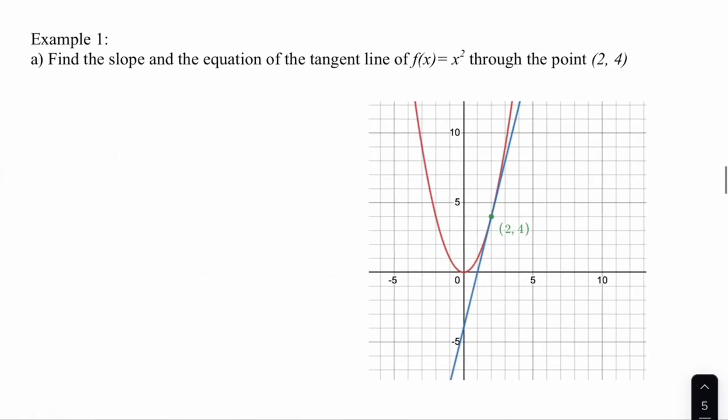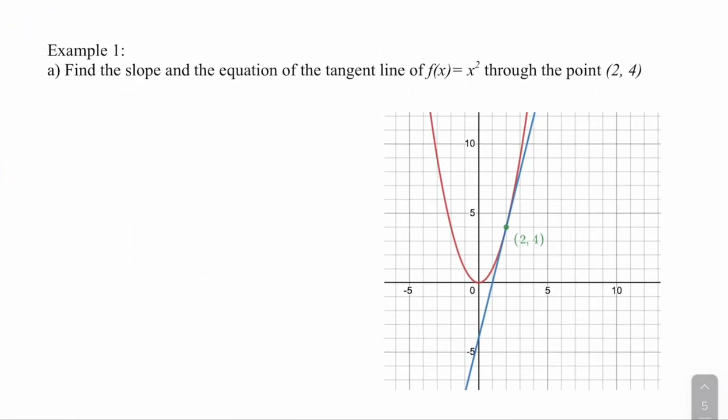So let's look at an example. It says find the slope and the equation of the tangent line of f of x equals x squared through the point 2, 4. Now, if you were doing this by hand, can I see what your graph looks like? On your paper, you have the parabola.